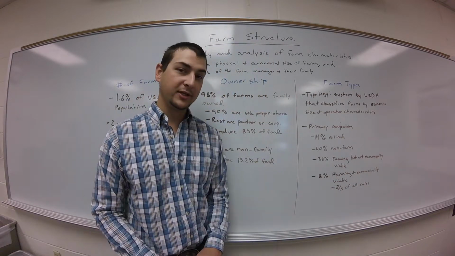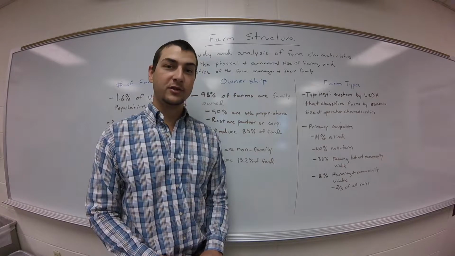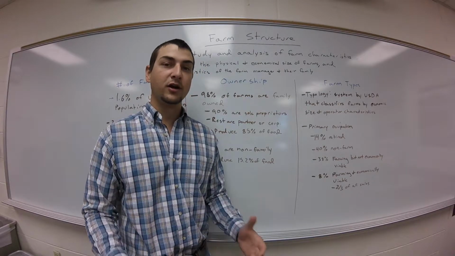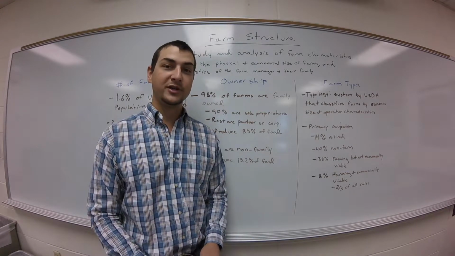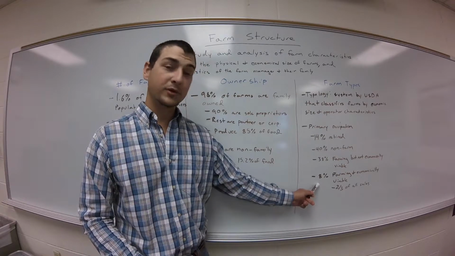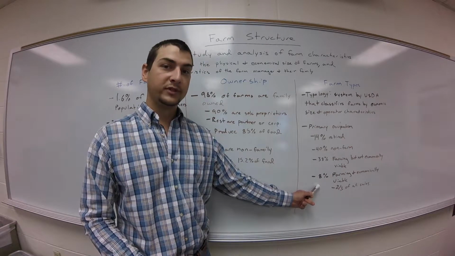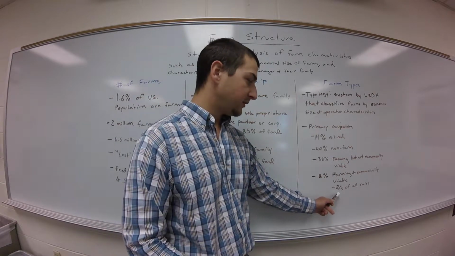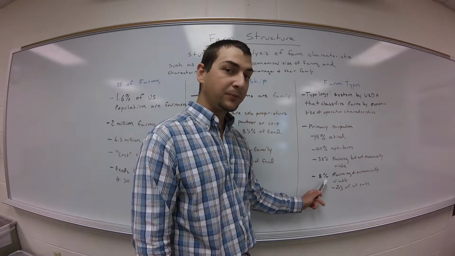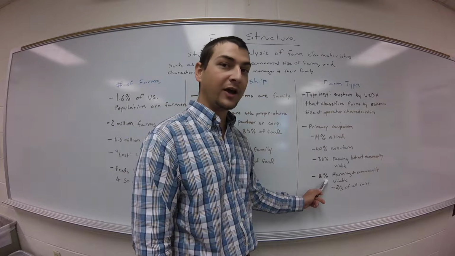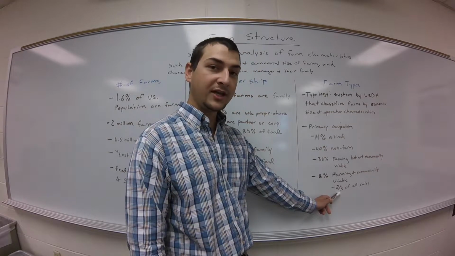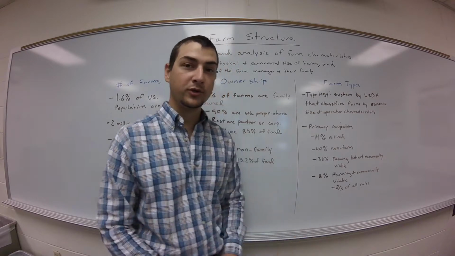That leaves 8%. 8% of the farms in the United States are large enough to be economically viable. They generate enough revenue and keep their costs low enough to be considered economically viable farms. Just 8% of the farms. What leads into another amazing statistic is that these 8% of farms that are economically viable generate 2/3 of all of the sales of all of the agricultural goods.